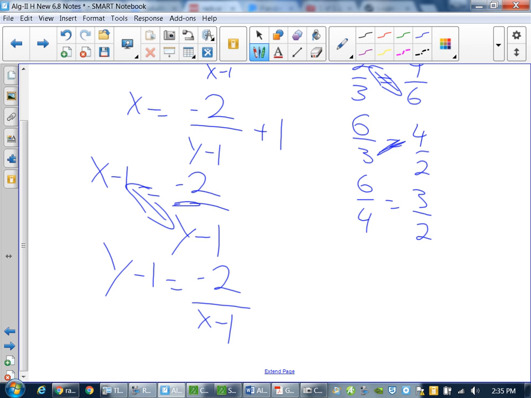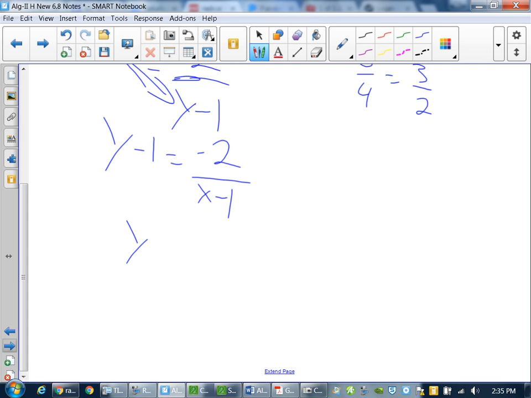And now to get the y by itself, what do you do? Add 1. And if you look at it, where did you wind up? The same thing. The answer on the back is a little different because they floated the negative symbol to the denominator and then negated both parts of the denominator, which is fine.